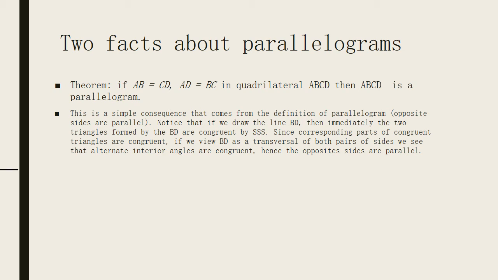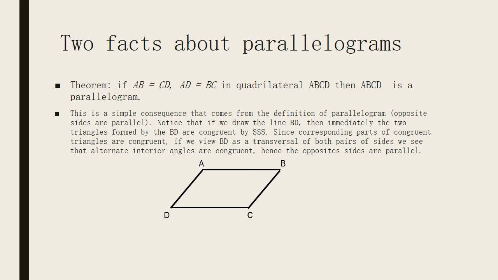There are two facts about parallelograms that we'll quickly prove in order to finish our proof of the lemma. So the definition of parallelogram is opposite sides parallel, but we want to show the following theorem, that if the opposite sides are equal in length, then they're also parallel to each other. So this is a simple consequence of congruence.